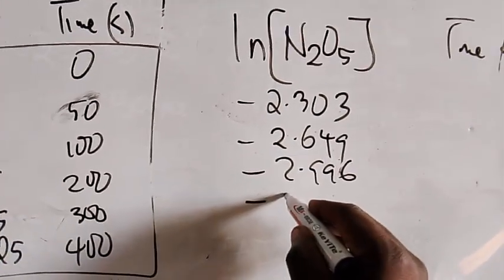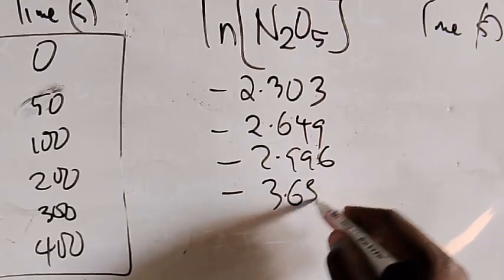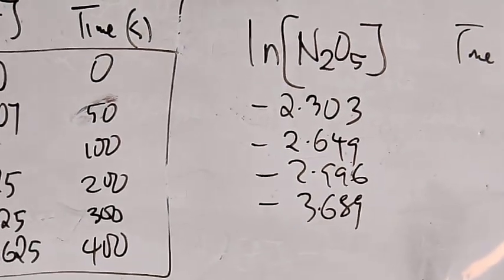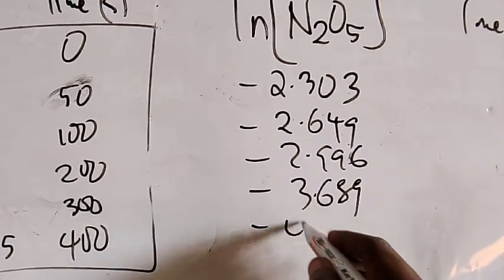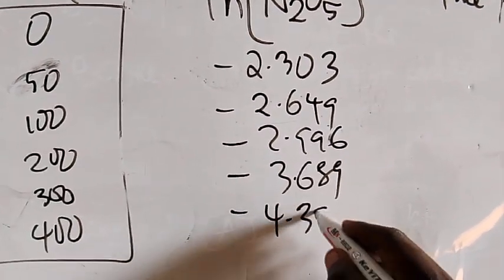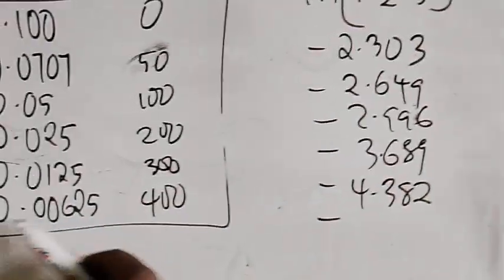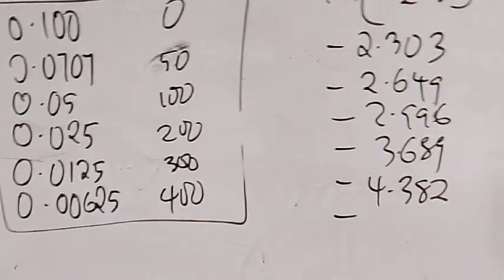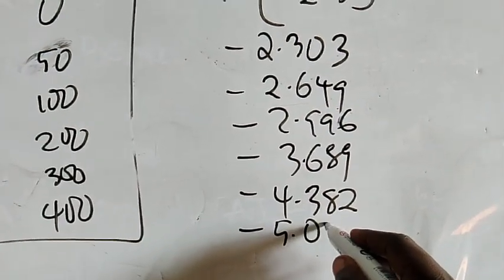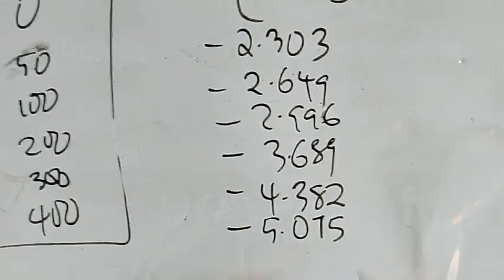negative 3.689. Then we have negative 4.382. Then lastly, ln of 0.00625 gives us negative 5.00775.